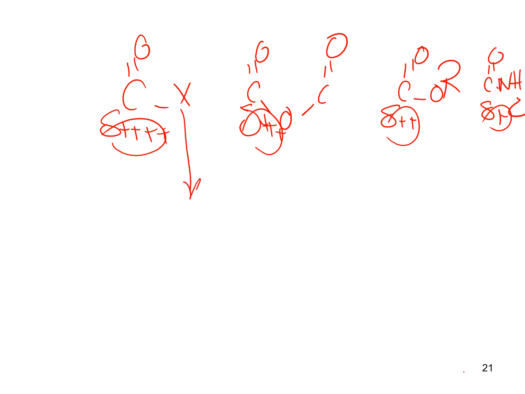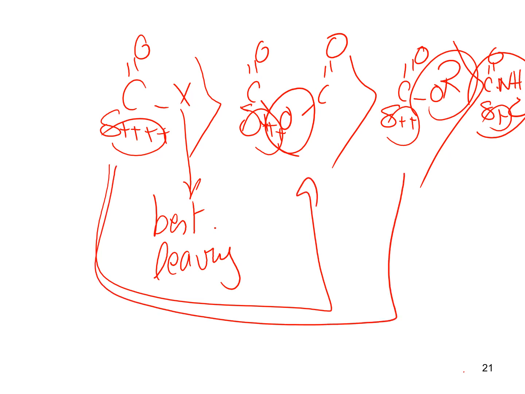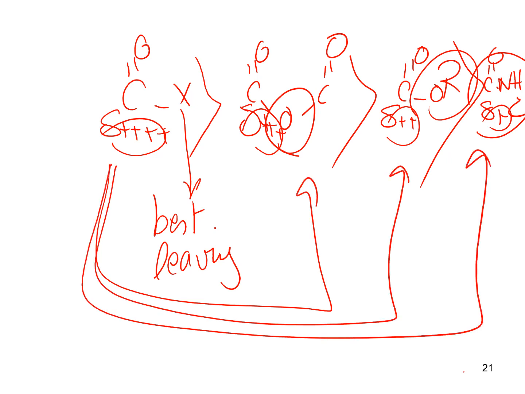And this is the best leaving group, followed by this part, followed by this part, followed by this part. So now both factors are in the same direction. Both factors specify that the acid halides are more reactive than the anhydrides, more reactive than the esters, and more reactive than the amides. Okay, so as we mentioned, you can use the acid halides to synthesize any of these derivatives.